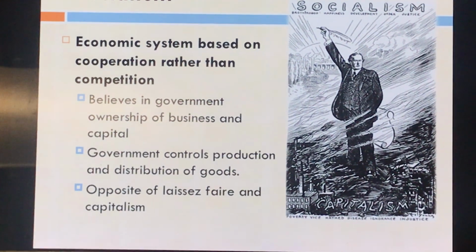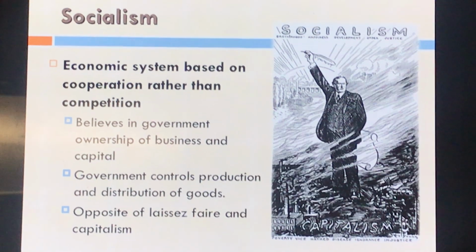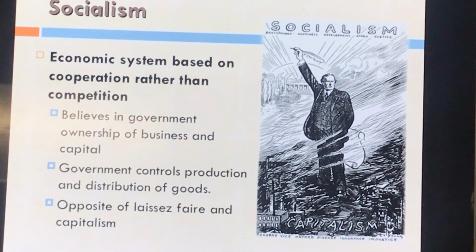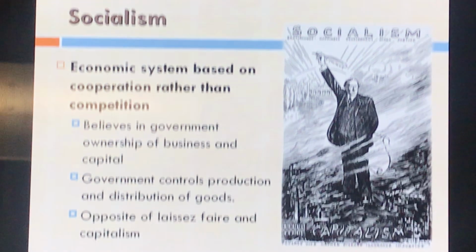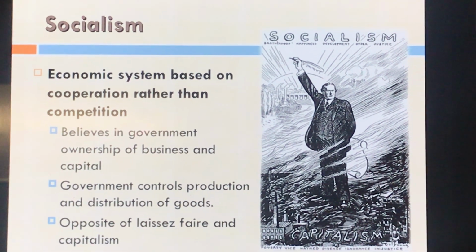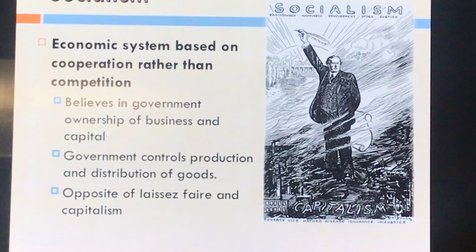Socialism was another economic system or belief of the day. We were seeing a lot of this in Eastern Europe and in Russia. Not too long after this time, Russia is going to have its communist revolution. Socialism is an economic system based on cooperation rather than competition. It says that the government should have ownership of the businesses and capital.